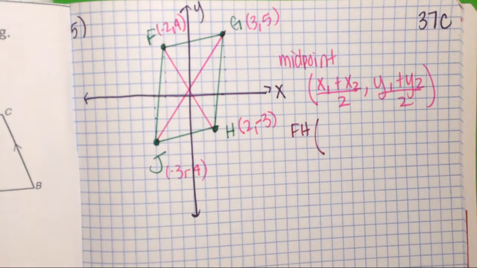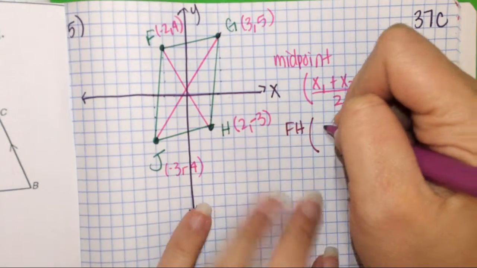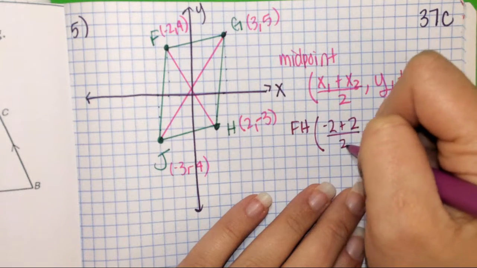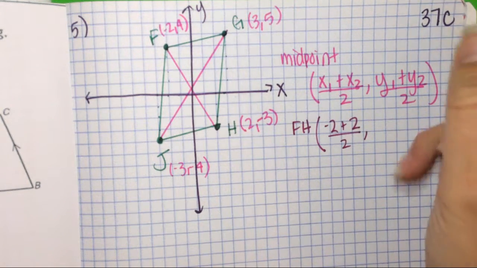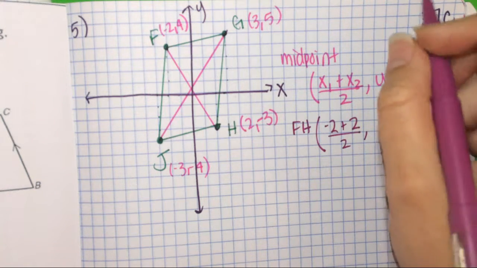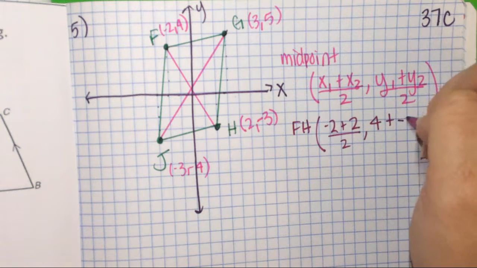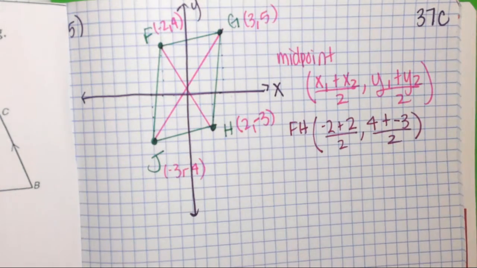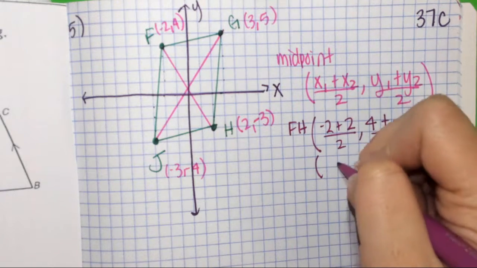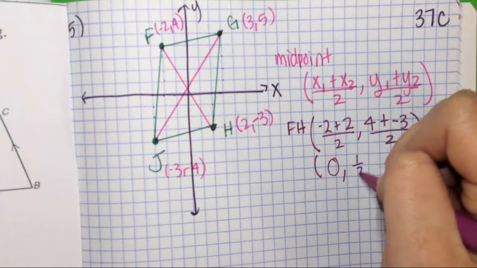Who can tell me, what is our x1? -2. Plus what? 2, so 0. Divided by what? 2, so 0. And what is our y1? 4. Plus, what's our y2? -3. -3 divided by 2. Alright, -2 plus 2 is 0. 0 divided by 2 is 0. What's 4 plus a -3? 1. And 1 divided by 2 is 1/2.